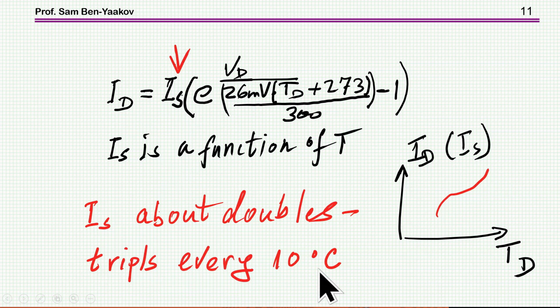This is what you see. There is, of course, an expression from the semiconductor behavior, but I'm not going into a more complex description, but rather to use this approximation.